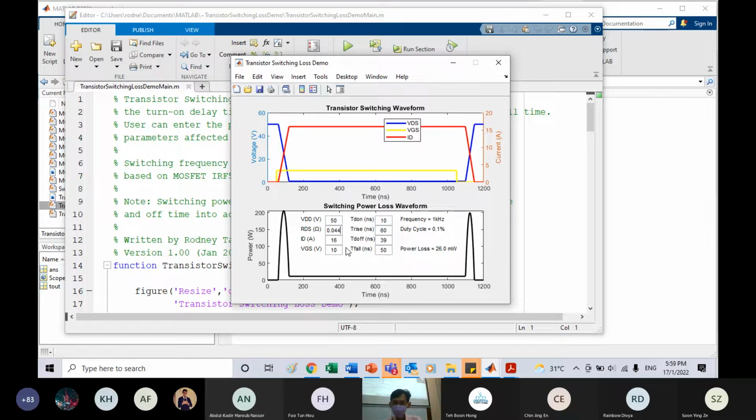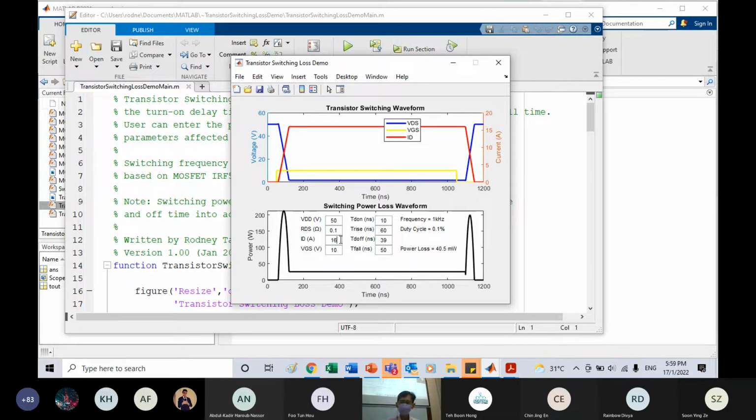And of course, if your resistance increases, let's say 0.08, your power loss, you see, it will increase. And if I increase it more, you can see it go up.